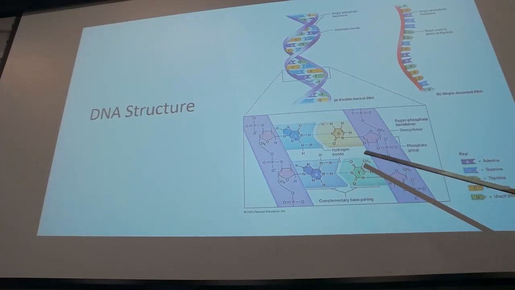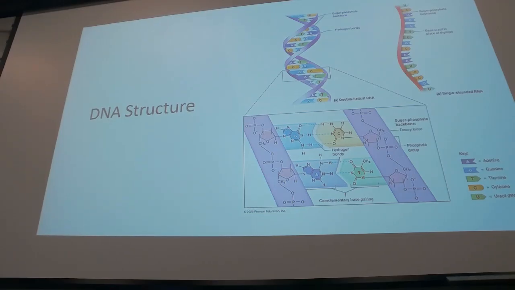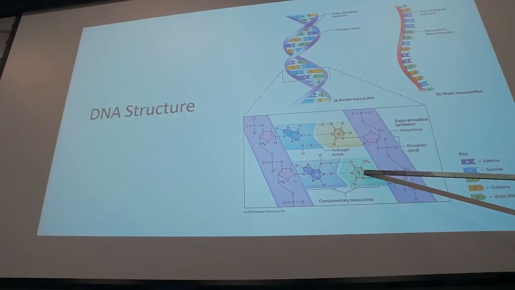So, if you have a DNA that has high content of G's and C's, and one that has high content of A's and T's, which one will be much easier to separate? Like to separate the two strands, one that has high content of G's and C's, or one that has high content of A's and T's?